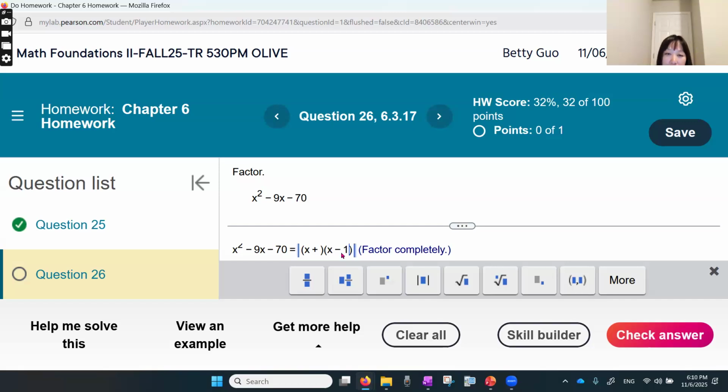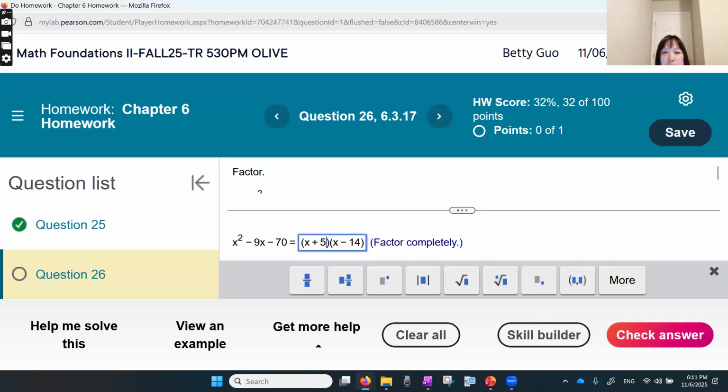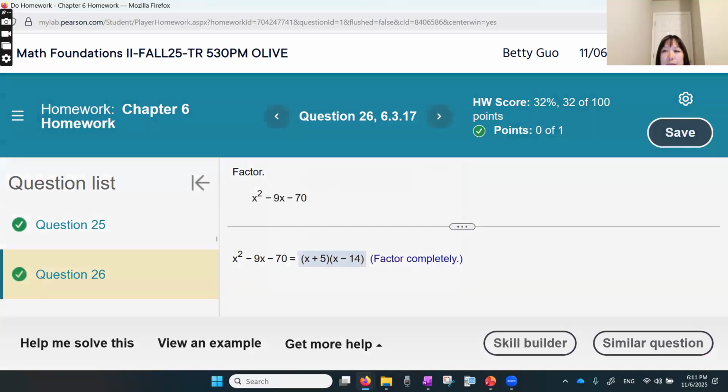There we go. Agree, guys? I did not write it down because it's time consuming. Write it down. Positive 5, negative 14. Multiply to negative 70. Positive 5 minus 14 is negative 9. Done. Boom.